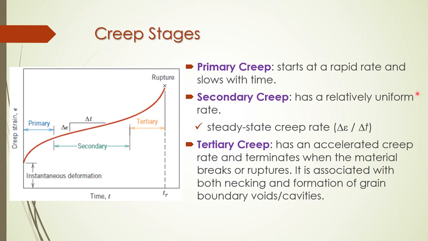And finally, the tertiary creep, where there is an acceleration of the rate and ultimate failure. The material will experience failure. This failure is frequently called rupture, and it results from microstructural or metallurgical changes.